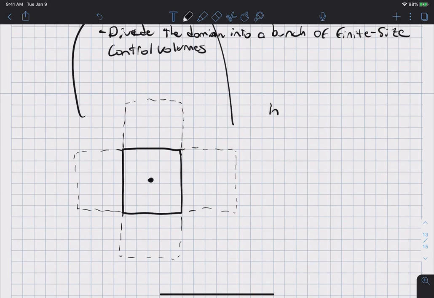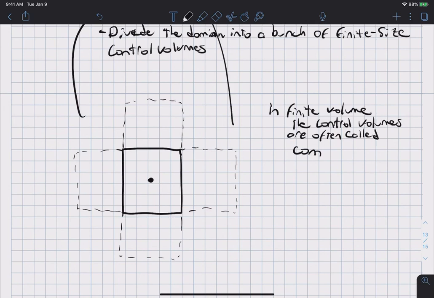And in finite volume, the control volumes are often called computational cells or just cells.